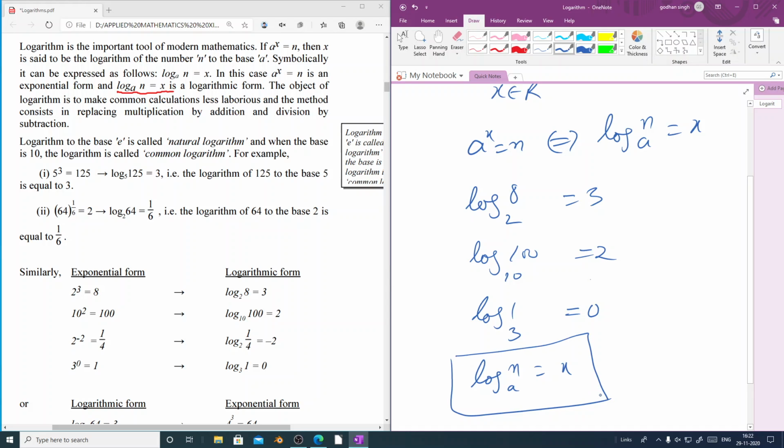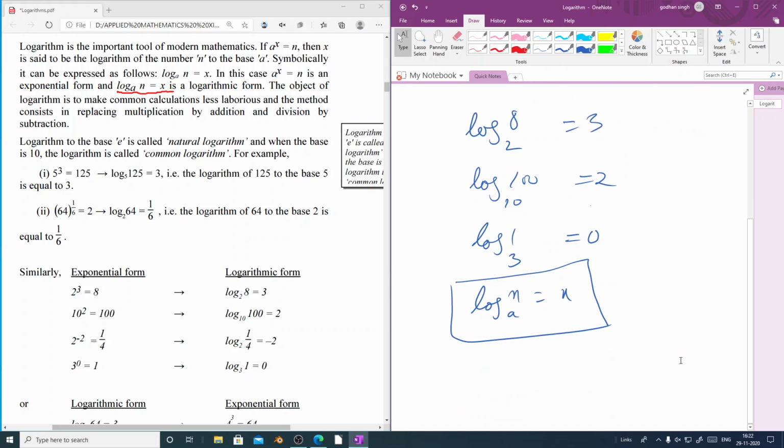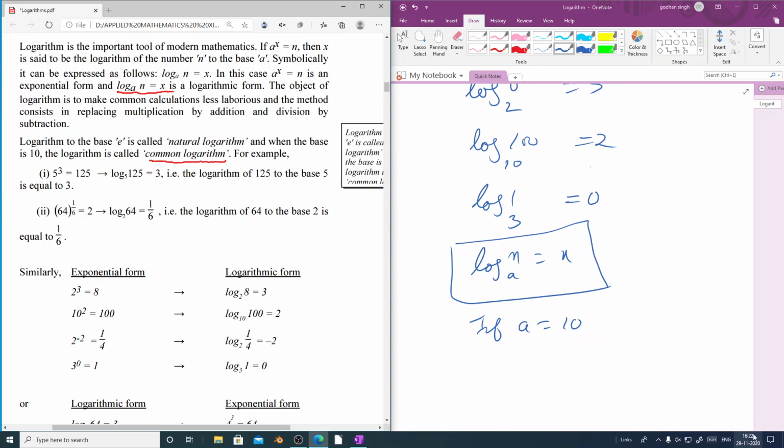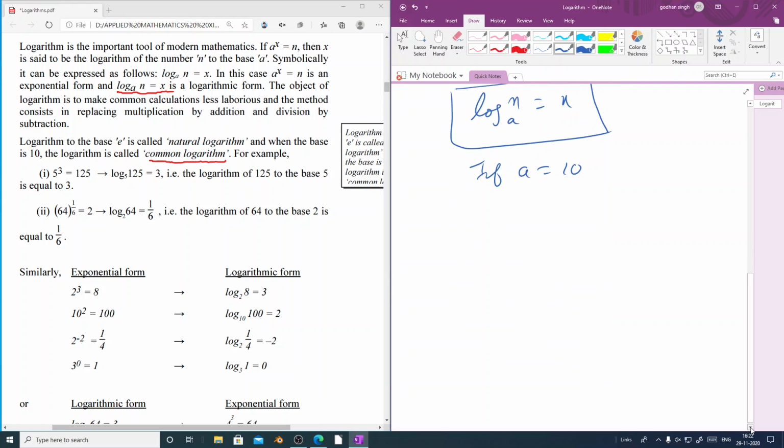In this one, if the base is 10, that is, if a equals 10, then the logarithm function in that case is known as common logarithm. But in place of a equals 10, if we take a equals e, then it is known as natural logarithm.